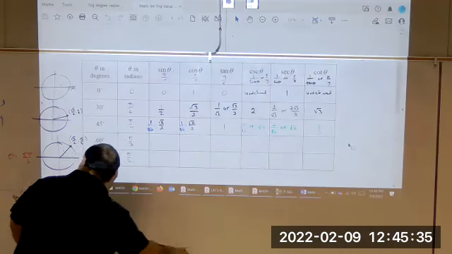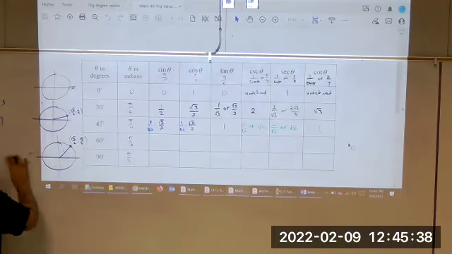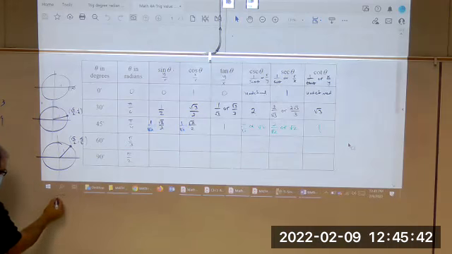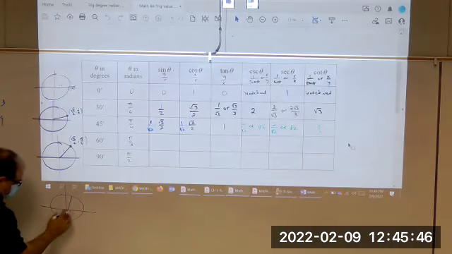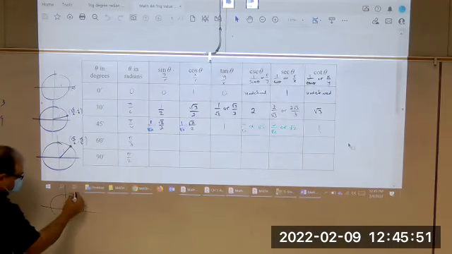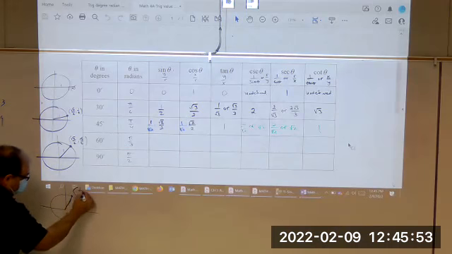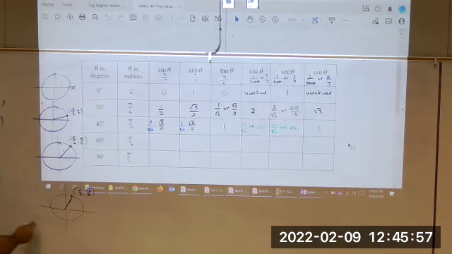Or if you just draw a quick picture, at the 60 degrees up here, the ordered pair, x is short, 1/2. The y is your square root 3 over 2. That's longer. That's the long one.